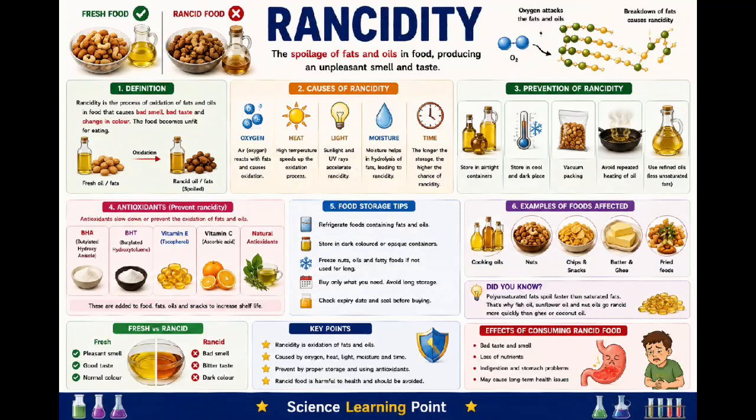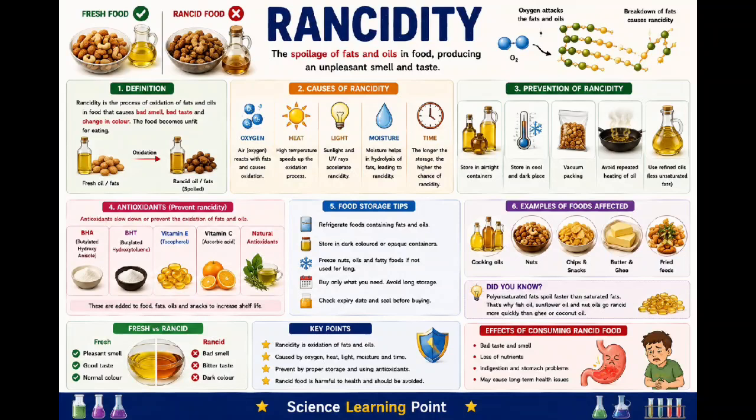So what is rancidity? Rancidity is the oxidation of fats and oils in food. When food containing fats or oils is exposed to oxygen in the air for a long time, the fats slowly react with oxygen. As a result, the food develops an unpleasant smell and taste.